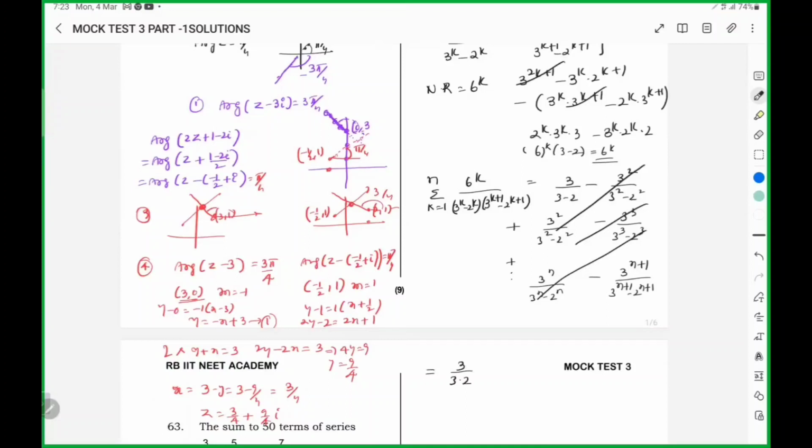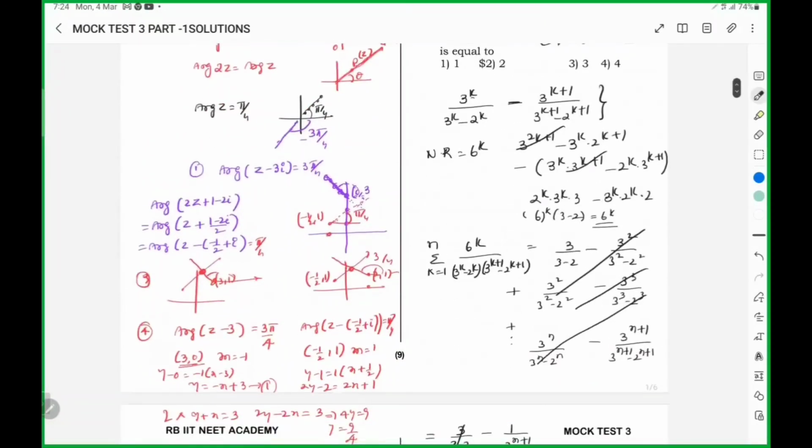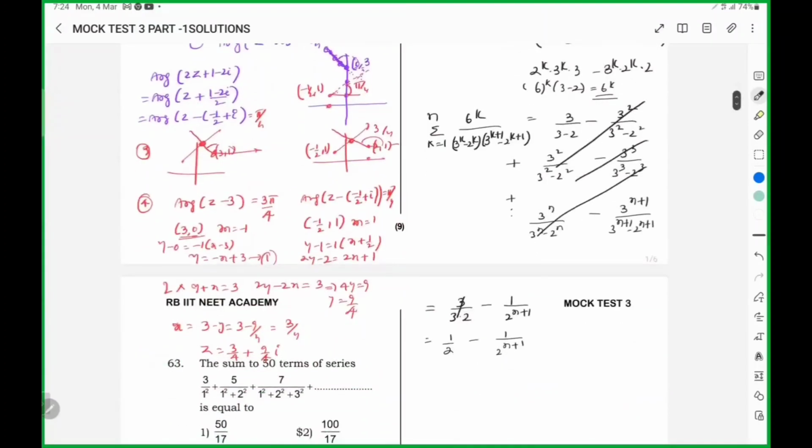Finally, you are left over with 3 by 3 into 2 minus 1 by 2 power n plus 1, half minus 2 power n plus 1. As one, so it is 3 by 3 minus 2, that is 1.